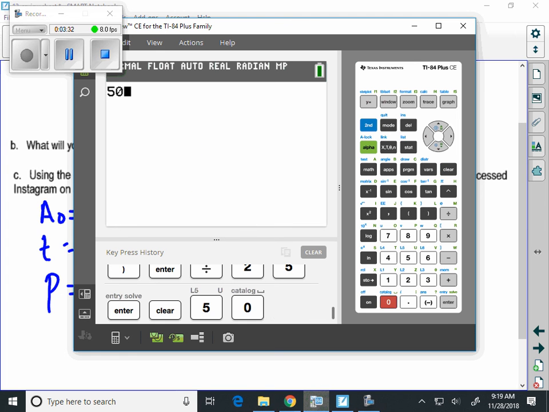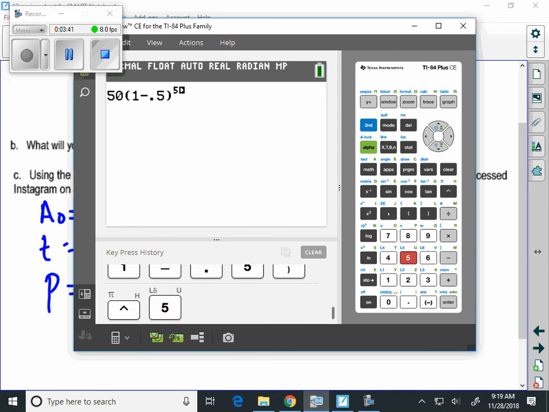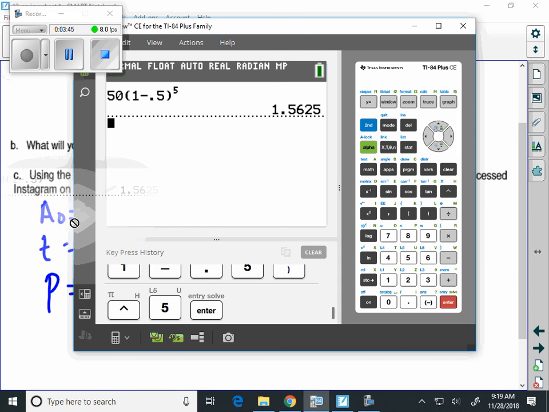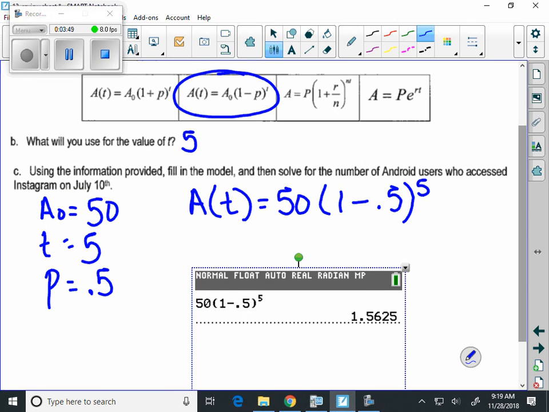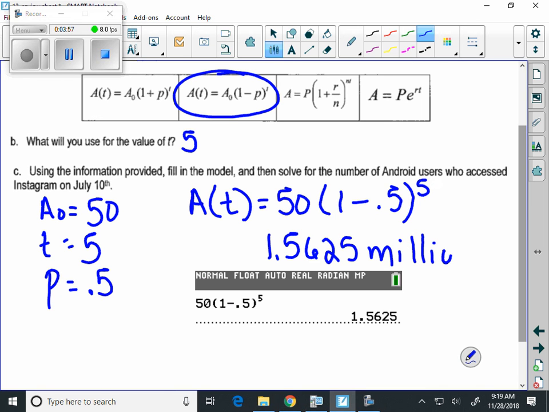And we get 50 times 1 minus 0.5 to the 5. And when we finish, we get this number here. And what this number means is that we've got 1.5625 million users, Android users.